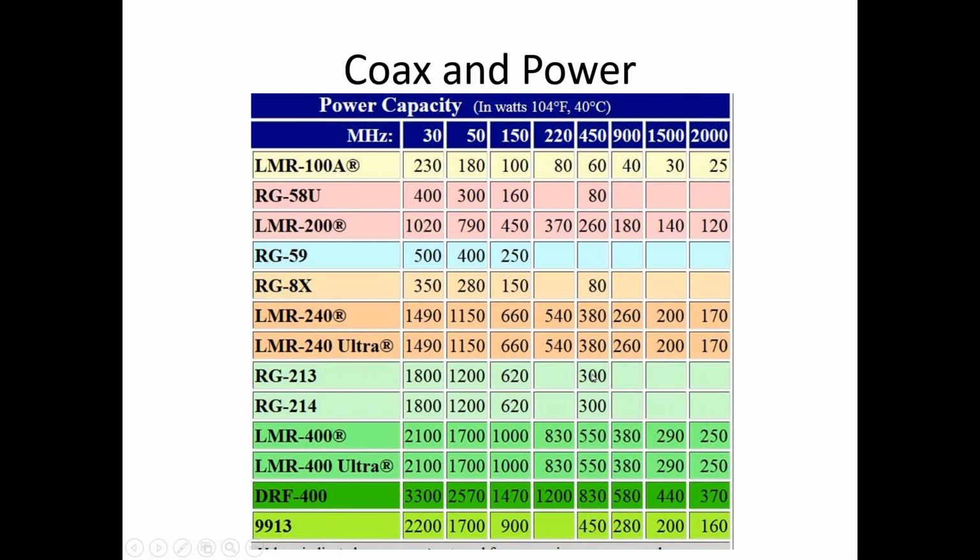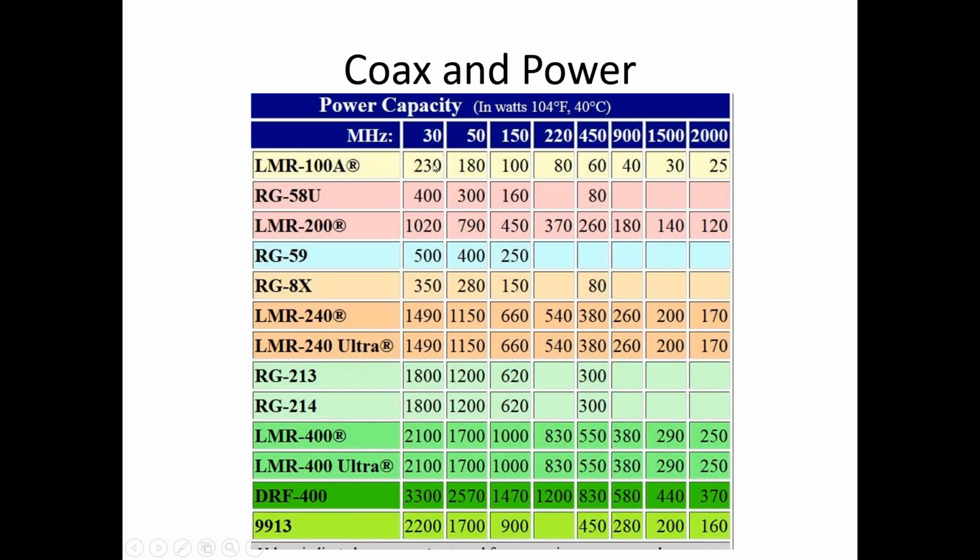So one of the things is that as you buy your cable, what are you going to be doing? Are you going to be doing these higher frequencies? If so, are you going to buy an inexpensive cable? These are all pretty expensive, but something like RG8X is very cheap. Are you prepared to lose, actually, and come down to a maximum capacity of 80 watts at 400 megahertz?